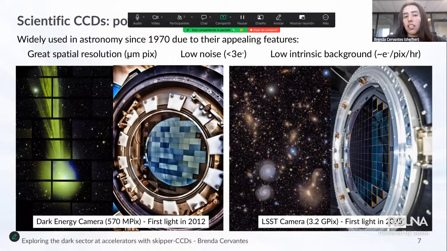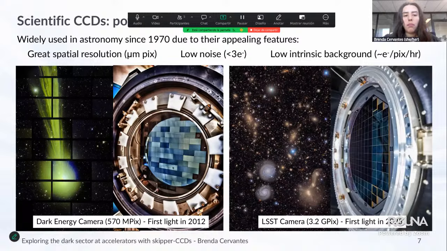So since the 1970s, all the astronomical instruments had as a focal plane a CCD, because as I said, these devices are very low noise. And as they have micrometer size pixels, they provide a great spatial resolution.